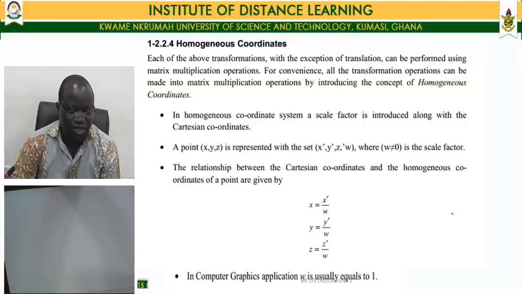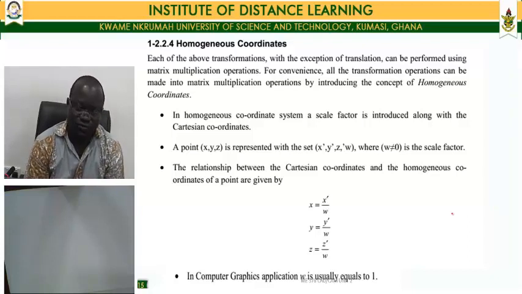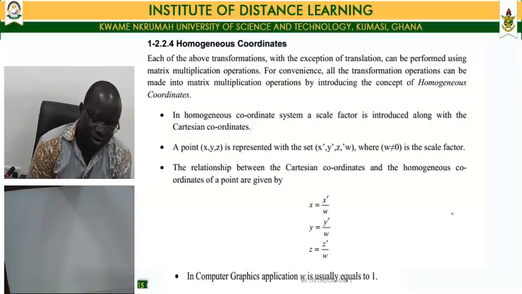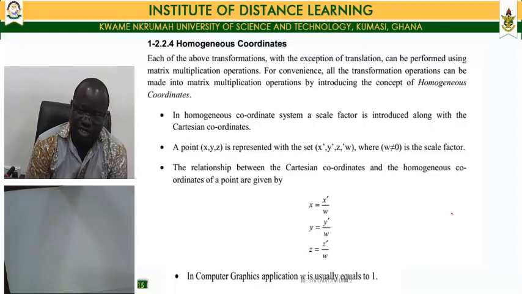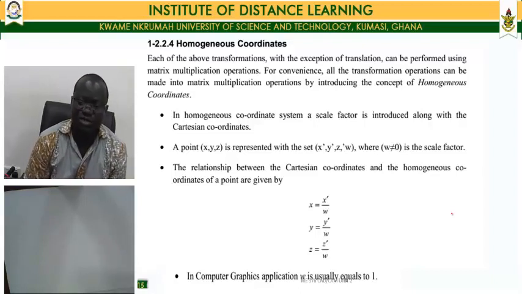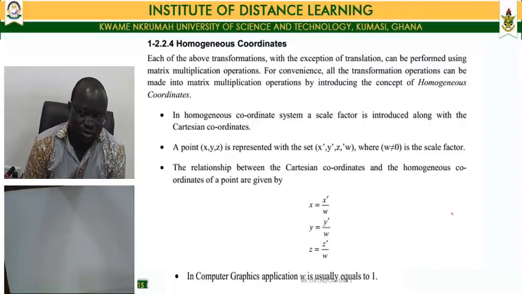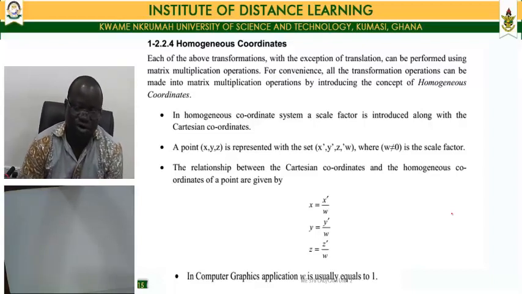In a computer, the computer only understands all these scaling, rotation, or whatever as transformation. So it requires the computer to create a coordinate system that will homogenize the whole transformations, which is rotation, translation, and scaling. So the computer introduced what we call a homogeneous coordinate system.